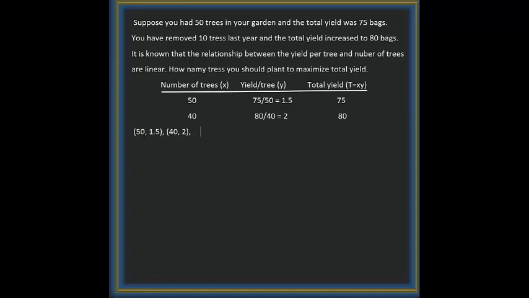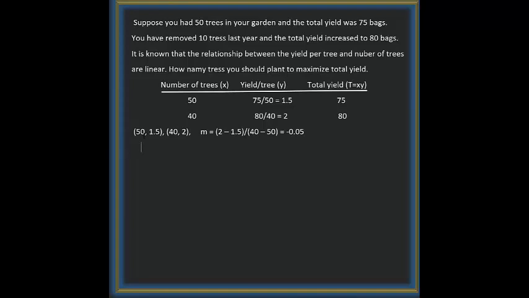So the same way, if you want to find the slope, because the relation is linear, so the slope will be 2 minus 1.5 divided by 40 minus 50. Now when you simplify this one, your answer will come out like negative 0.05. That's your slope.